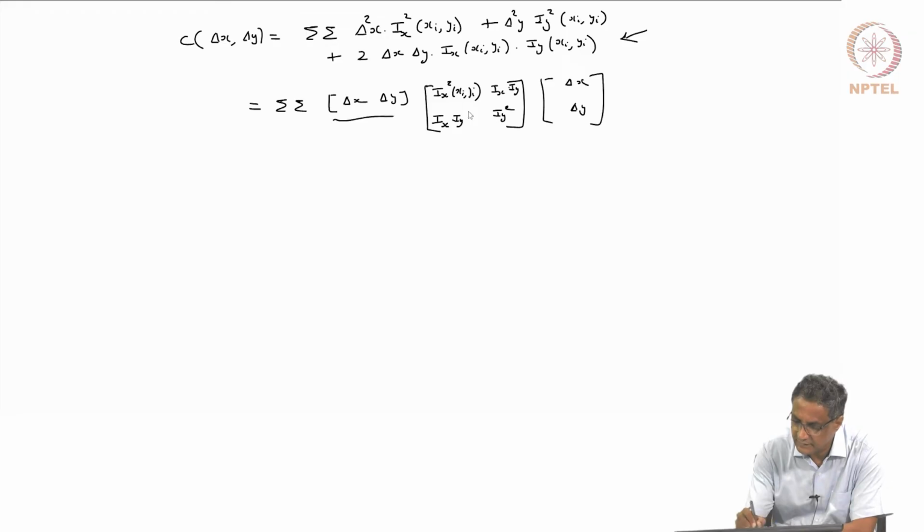Now this delta x, delta y is independent of the summation index, because it is simply a displacement.